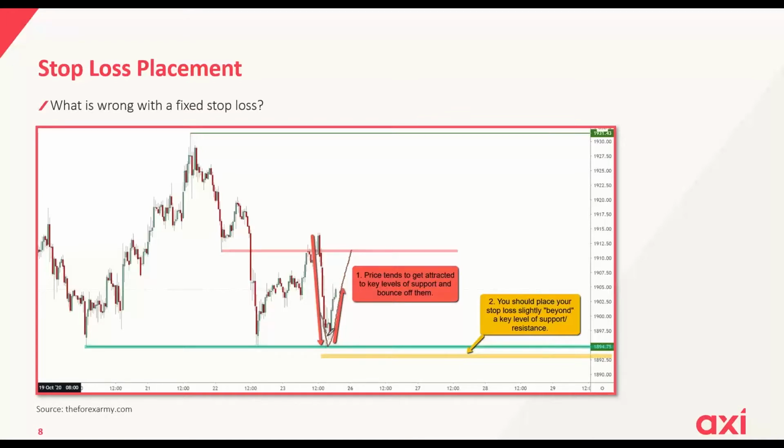At least it doesn't stop you out and straight away go in the other direction. The key thing here is that you just need to move your stop loss maybe from 100 pips to 110 pips. The important thing here is to always look at the chart and see what the charts are telling you.